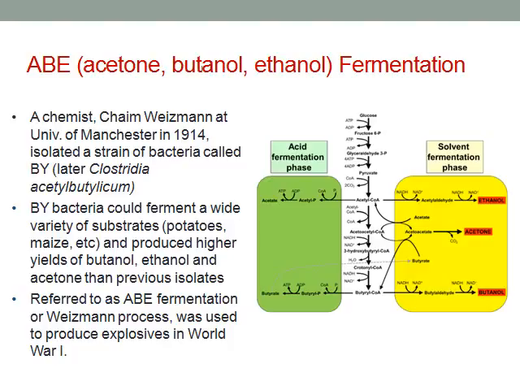At that time, a chemist isolated a strain of bacteria which was initially termed BY. This BY bacteria could ferment a wide variety of substrates such as potatoes and corn, and produce high levels of butanol, ethanol, and acetone, higher than any previous isolates. This became referred to as the ABE fermentation.